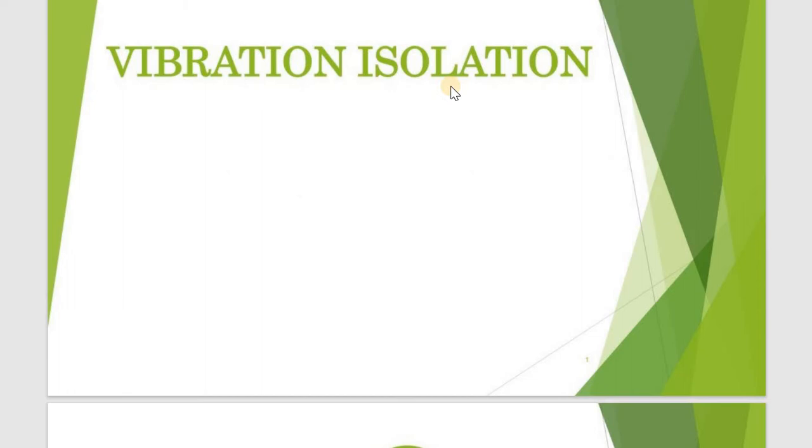What will happen if buildings are mounted on the earth surface, and the earth surface is vibrating, and there is no mechanism to reduce the vibration being passed to the building? It will result in destruction. So I need to isolate the building from the ground where the vibration is possible. That is the concept of vibration isolation.